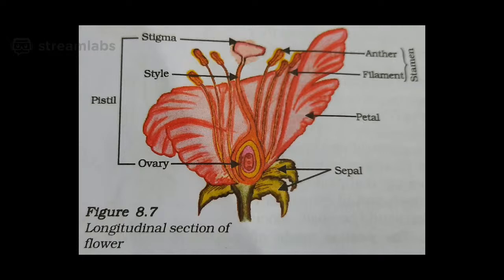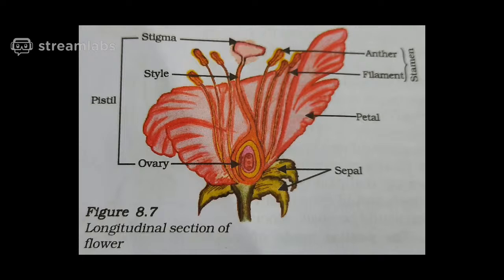Now, if the pollen transfers from the stamen to the stigma with the help of insects, or wind, or water, anyhow with some assistance, this is a bisexual flower.